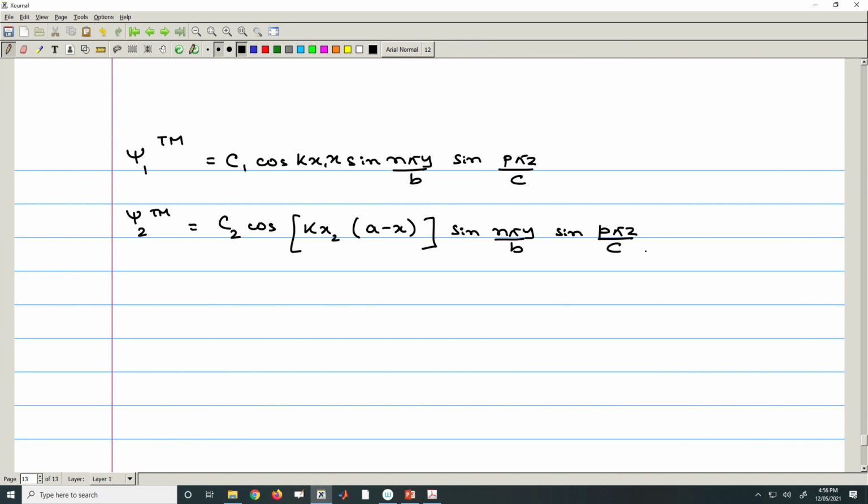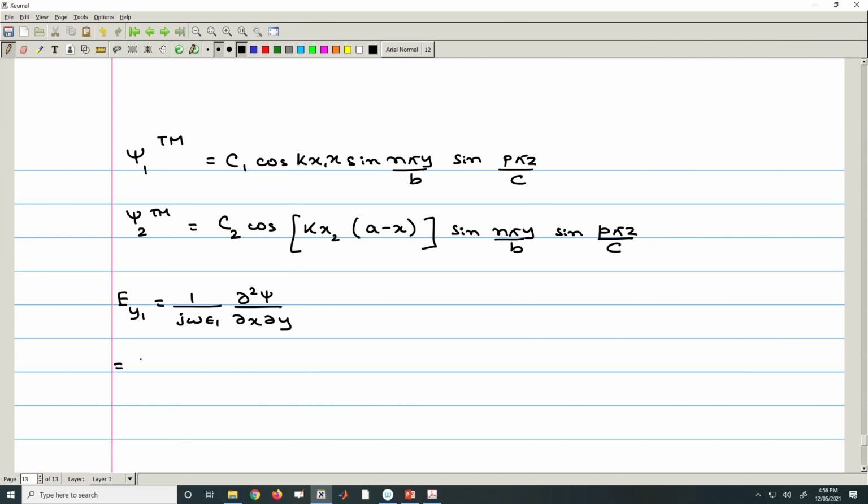We can write E y1 as 1 upon j omega epsilon 1 del square psi upon del x del y.